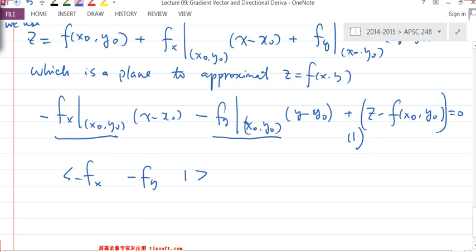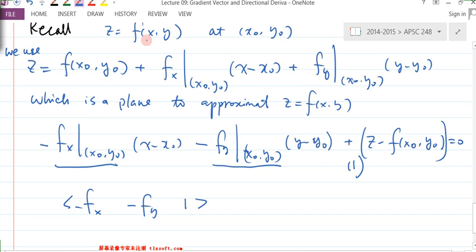And this coefficient, as a matter of fact, happens to be the del w, where w equals this.